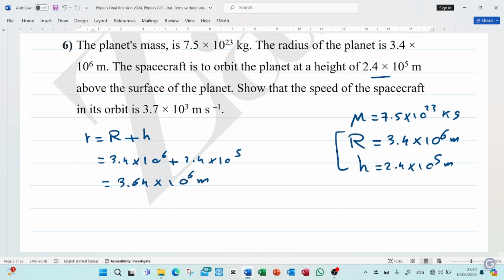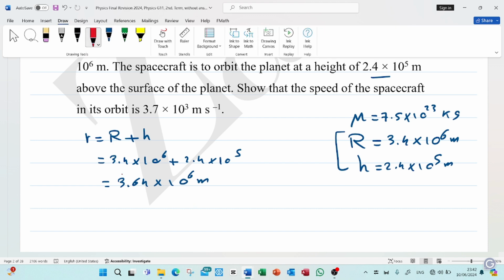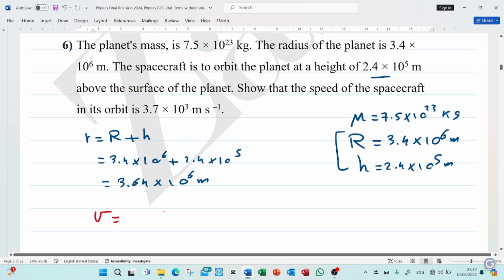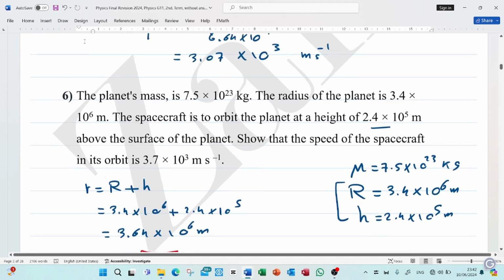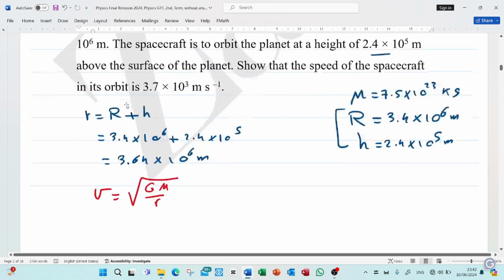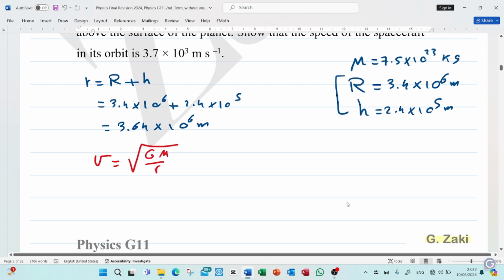We need to find the speed of the satellite. Now we need to get v. What is the formula that we can use? We can go to the formula sheet. We can find this: v equals square root of GM over r. Now you can use either v equals 2πr over time period or square root of GM over r. Both are correct and you will get the same answer.